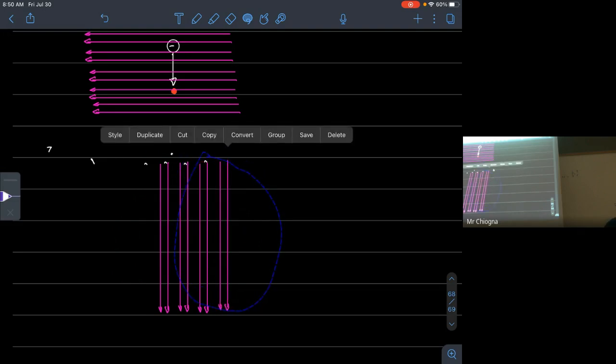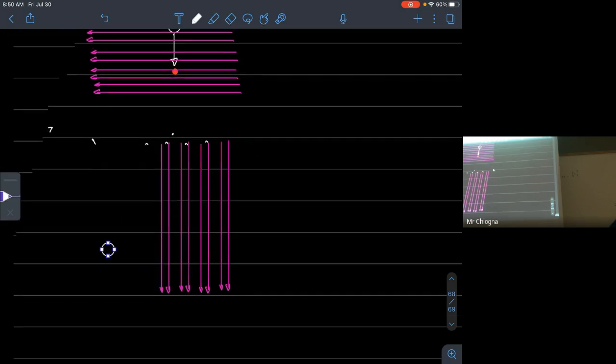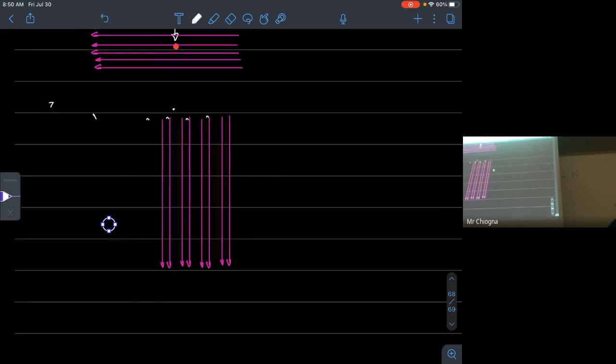And the alpha particle is traveling up. So the alpha particle, okay.